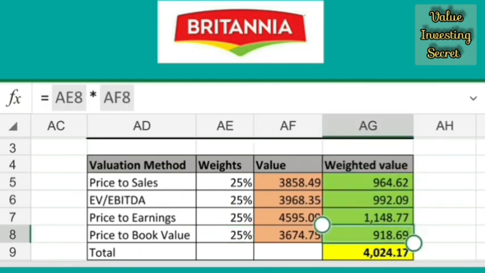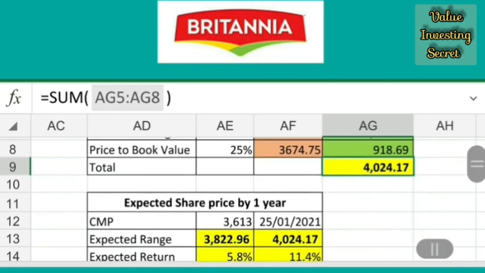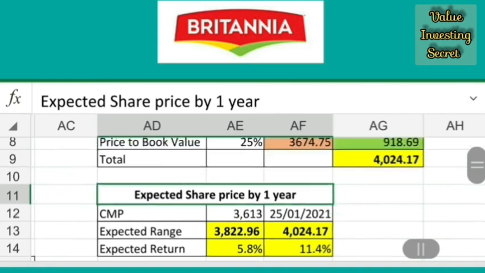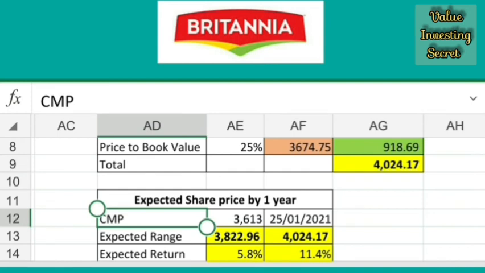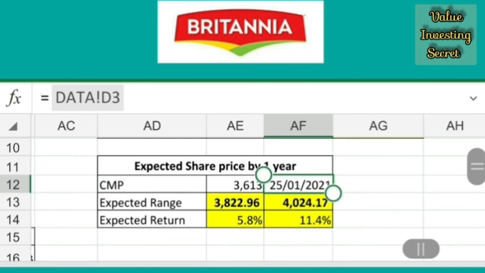To get the final price, I added all these 4 values and got 4024.17 rupees per share. So this is the expected share price by 1 year, that is 4024.17 rupees. The current market price is 3613 as on 25th Jan 2021.